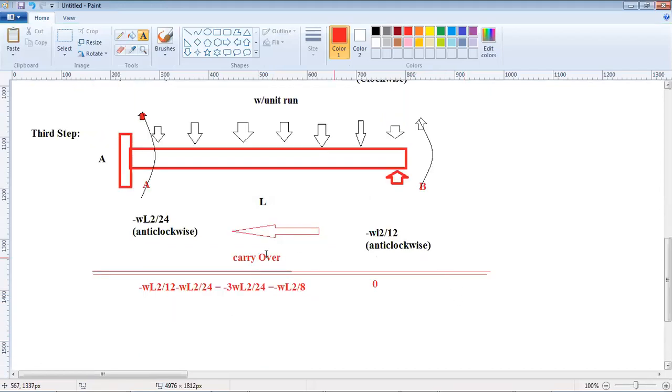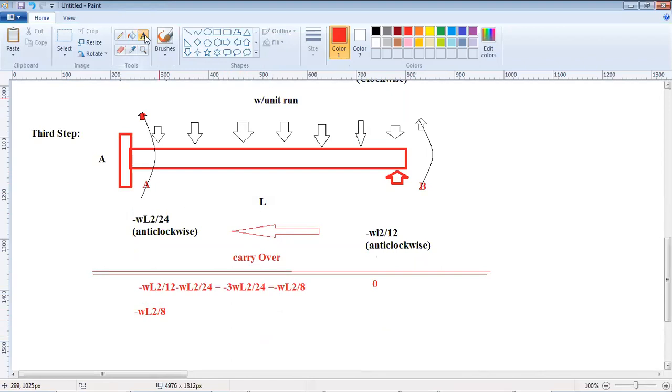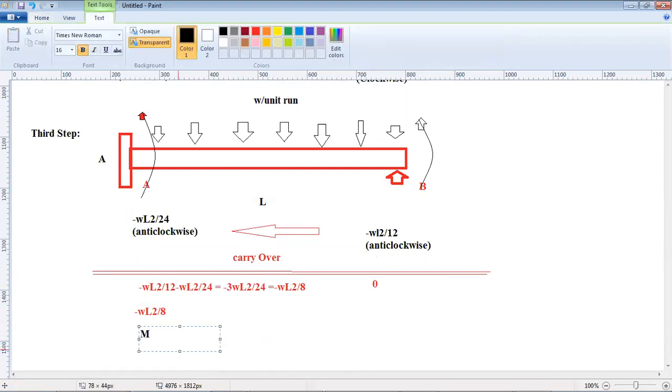So the amount of moment that's transferred here is WL square by 8. So we have now got the total moment at end A: minus WL square by 8. At end B, MB is equal to 0.